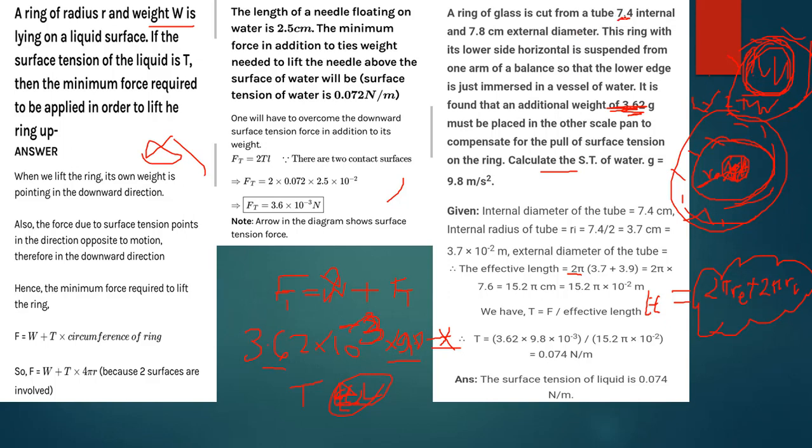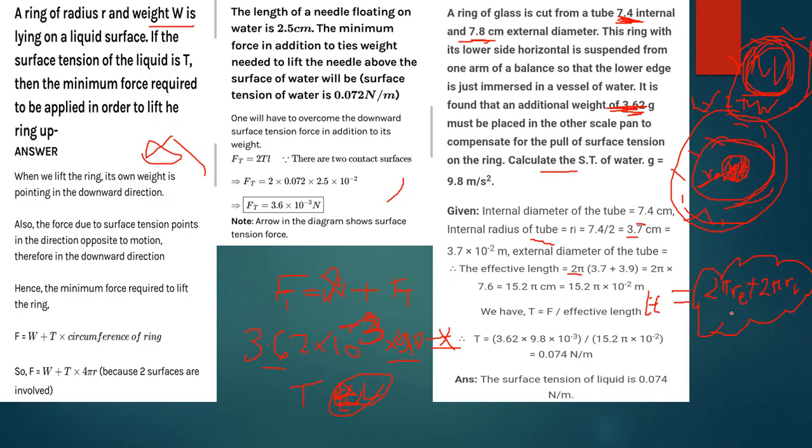Hapa tumepewa diameter, okay. So inabidi tuzidivide by 2 tupate radius. Internal diameter ni 7.4, kwa internal radius inakuwa ni 7.4 divided by 2, 3.7. External diameter ni 7.8, so external radius inakuwa ni 7.8 divided by 2 ambayo ni 3.9.